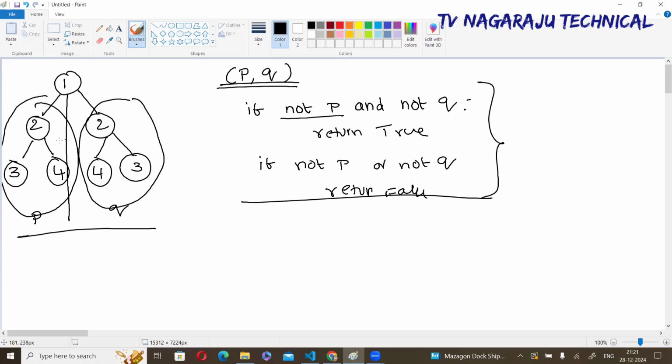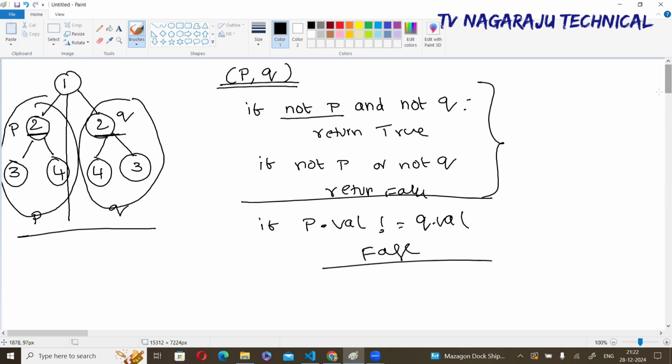Now observe carefully. Here this is the P value, this is the Q value. If P dot value is not equal to Q dot value, what you need to return? False. Now the next thing is P is moved to the left side, P dot left.